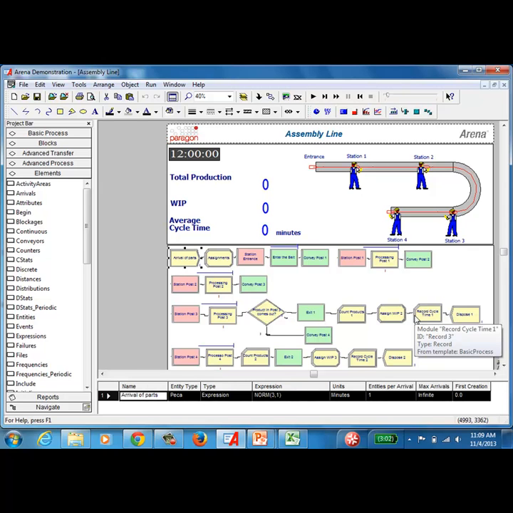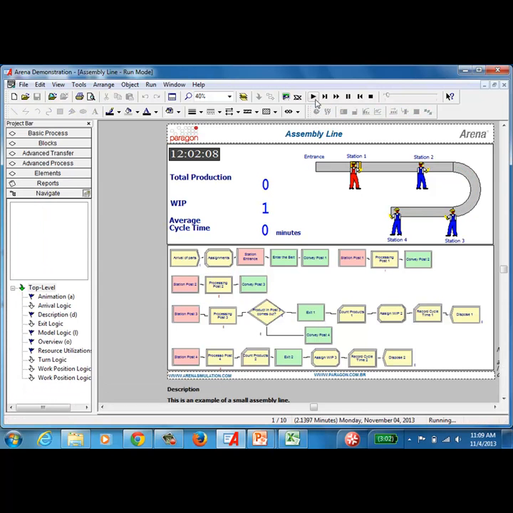So if we run this, you see how the parts are going to start moving, and basically the animation shows that when the color of the operator turns to red, that means that the operator is busy.